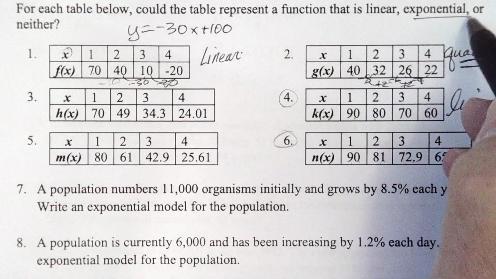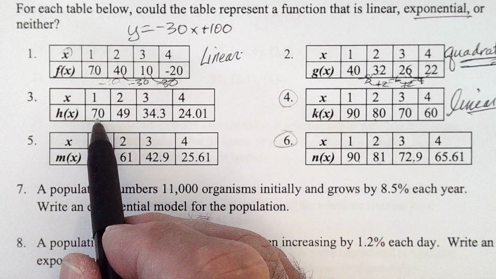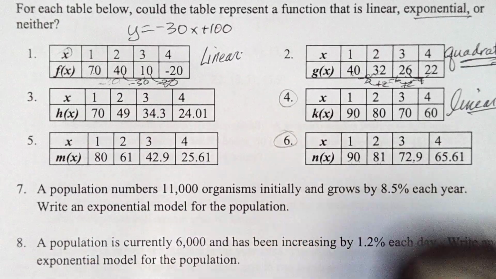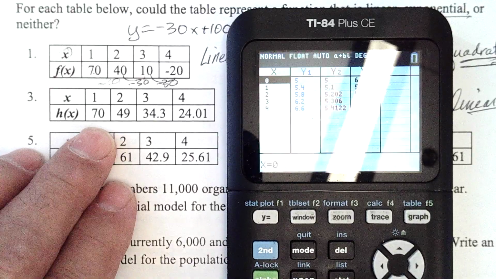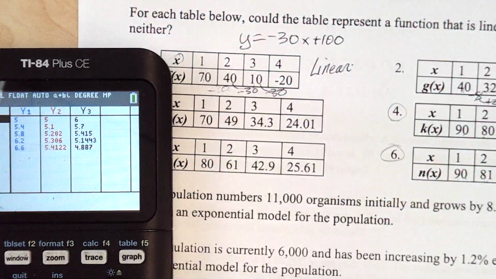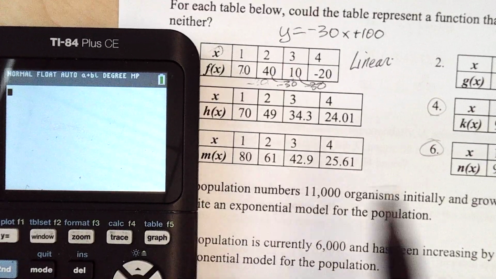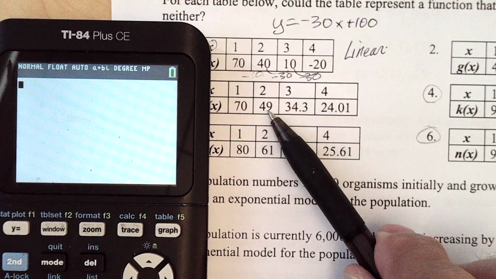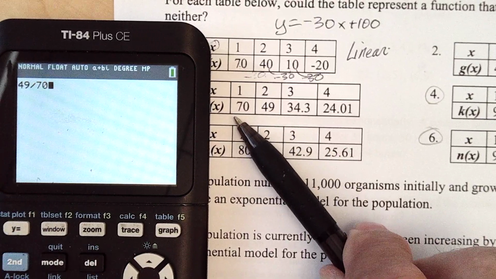Now to find out if it's exponential, let's see if this one's exponential. If I want to find out if something's exponential, let's switch sides here so my calculator shows up. I take 49 divided by 70, and I get 0.7.